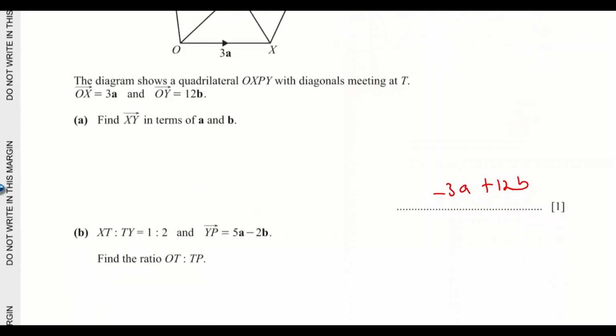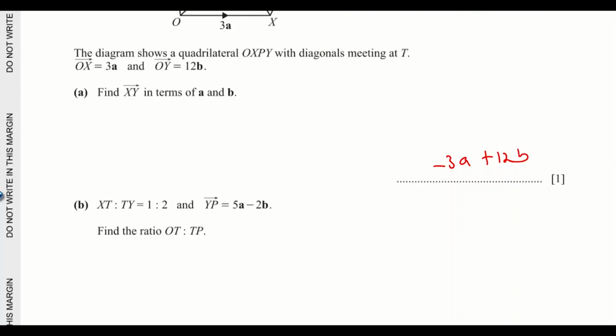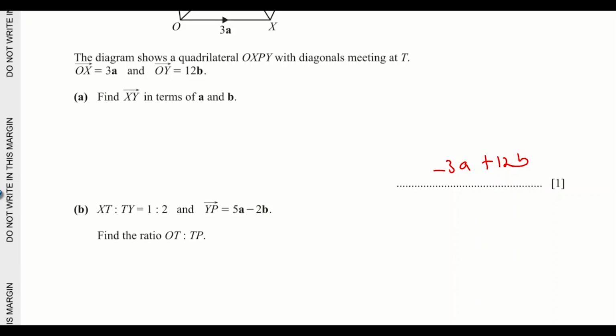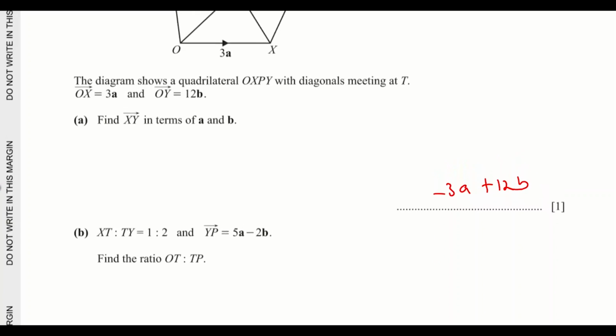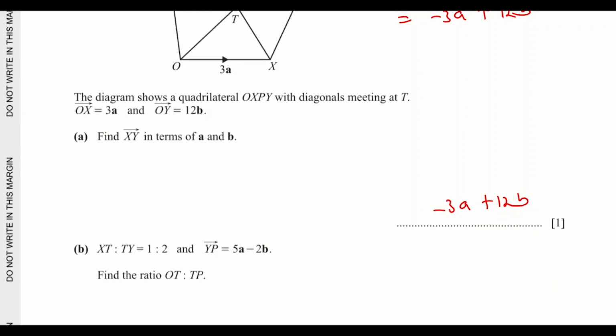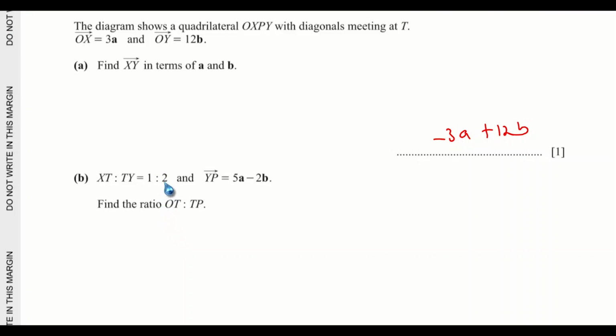Okay, so part B, XT ratio TY is 1 to 2 and YP equals 5a minus 2b. So we can start from this given ratio, XT ratio TY. The total ratio will be 3 if you add them together.